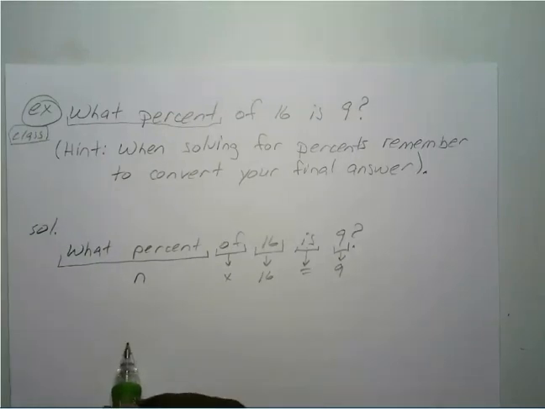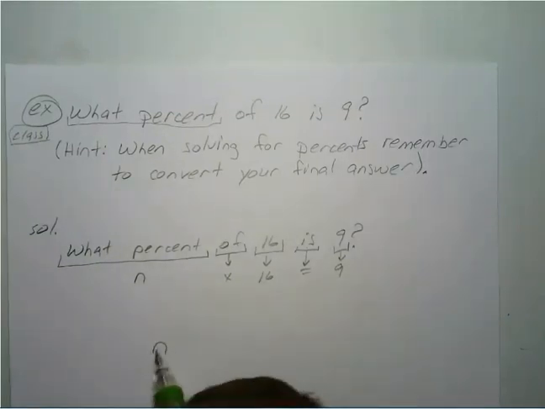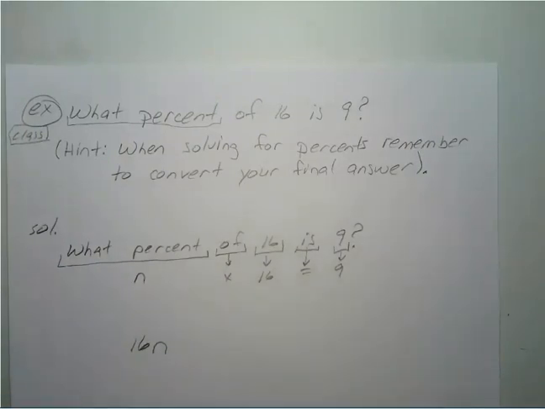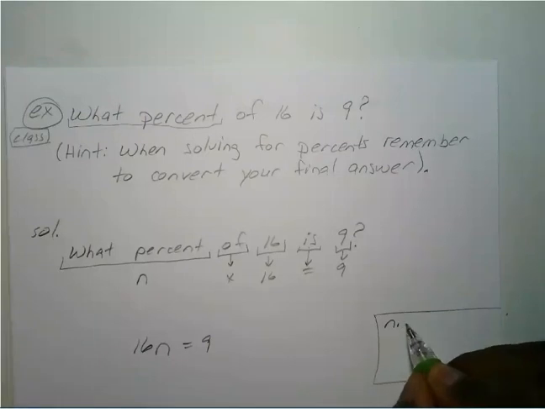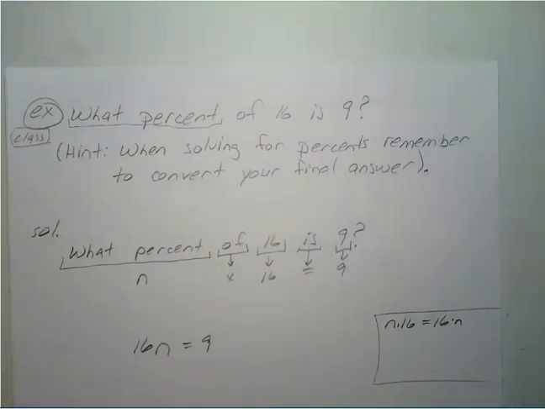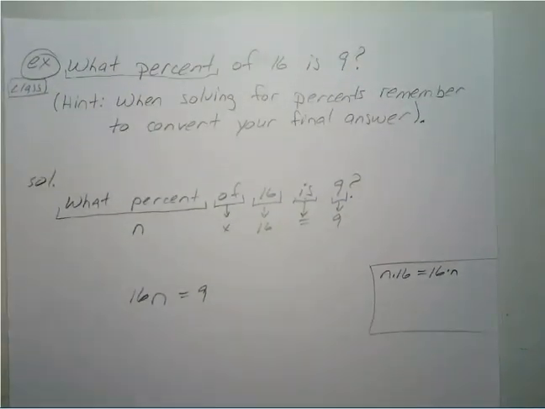Okay, so that gives us the equation n times 16, or you can put 16n if you want to, is equal to 9. Okay, so just to see how I got that, n times 16 is equal to 16 times n. All right, so now we divide both sides by 16.